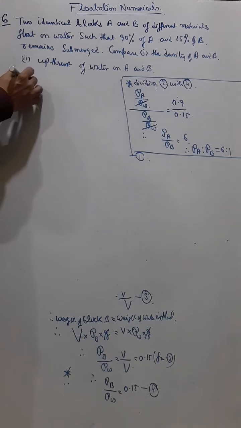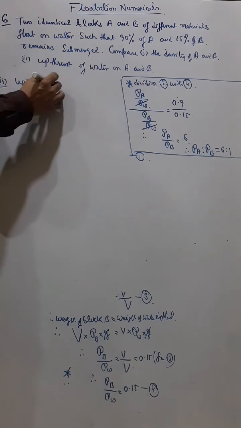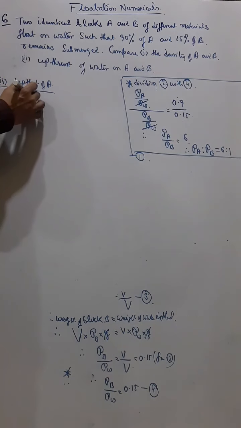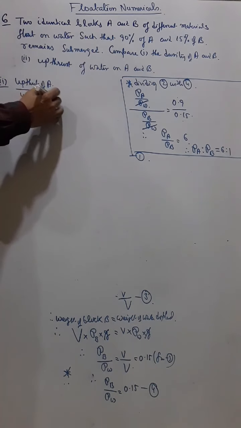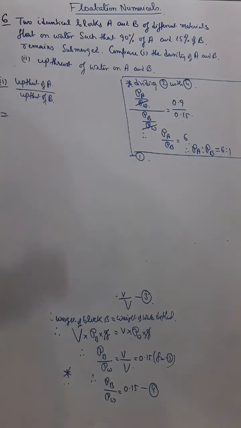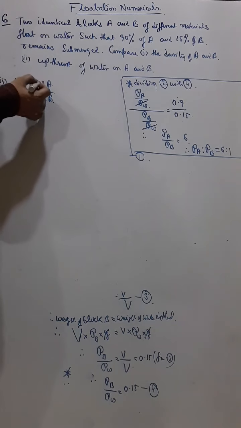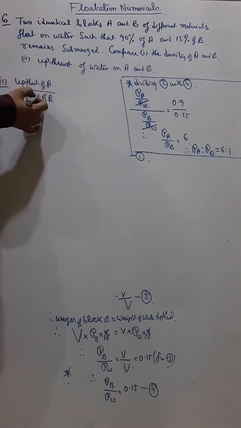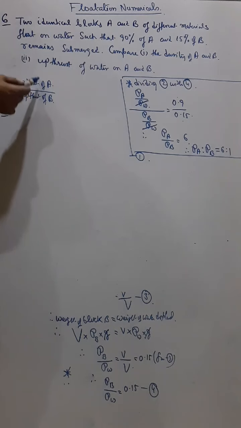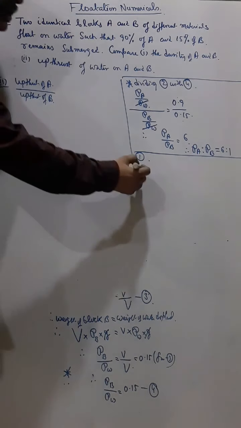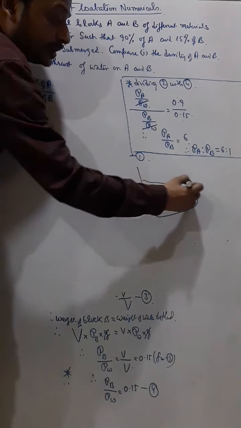Now here we have to find upthrust of A and upthrust of B. Right, but mind, the upthrust of A and upthrust of B is always greater than their weight, because they are wooden blocks, and therefore you can understand they are floating.